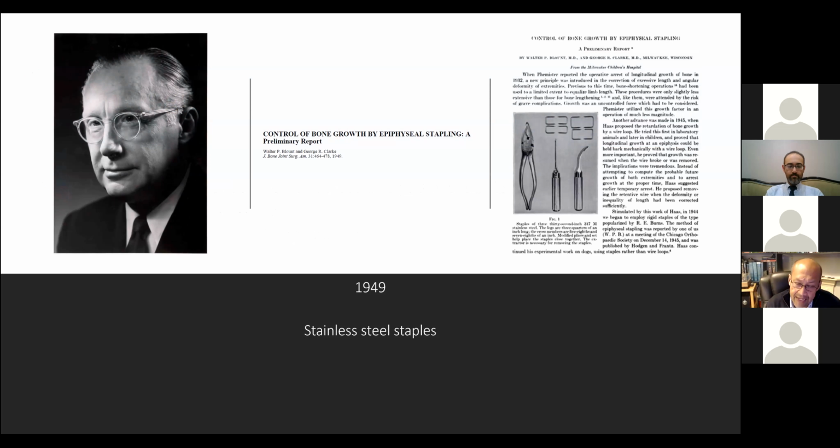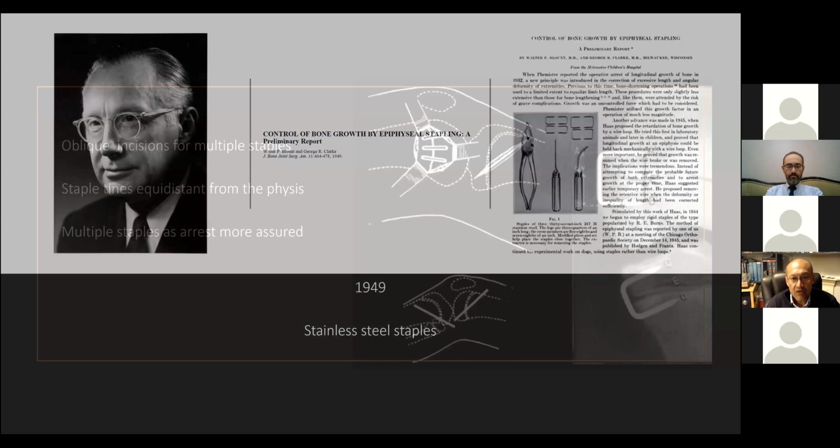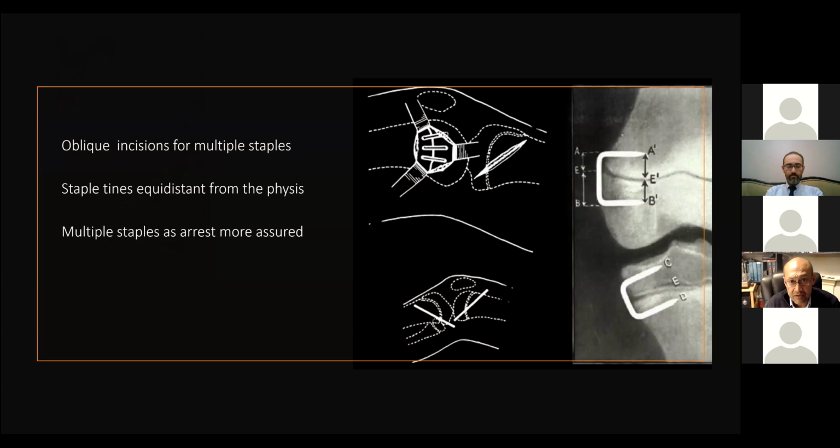The technique of modulating growth around a growth plate, around a physis, was actually started by Phemister, but the man credited for making it a clinically successful method of treatment is Walter Blount. His first series was published in 1949, where he described using, through oblique incisions around the physes of the distal femur and the proximal tibia, parallel groups of staples.